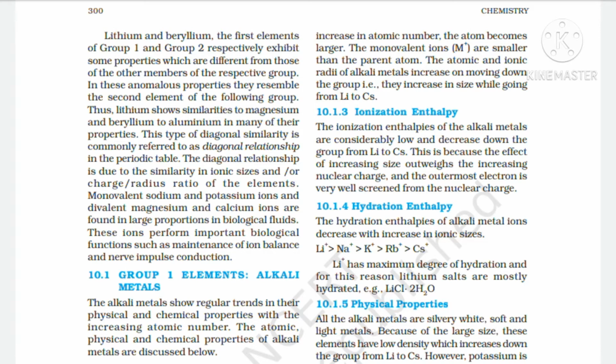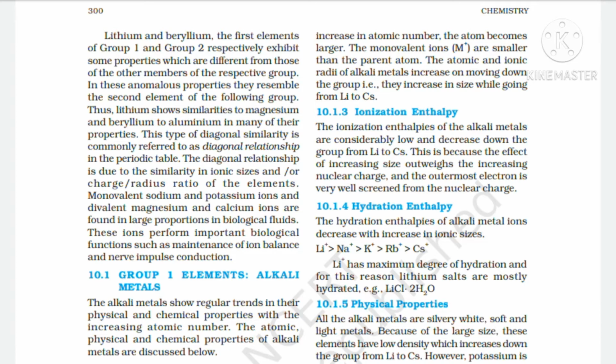Then table 10.1, atomic and physical properties of metals. Atomic number: lithium 3, sodium 11, potassium 19, rubidium 37, cesium 55, francium 87.